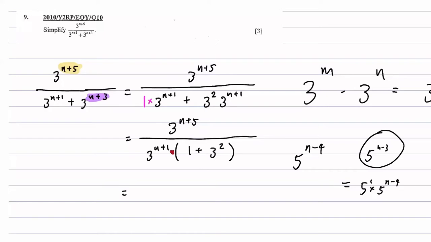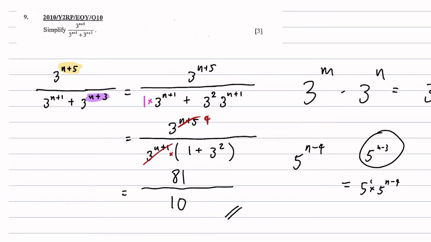It's a factor now, so you can safely cancel. 3 power n plus 1 and 3 power n plus 5, you just cancel off n plus 1 copies. N plus 5 take away n plus 1 is 4. 3 power 4 is 81. Then 1 plus 3 squared is 1 plus 9, which is 10. Then that's your answer.